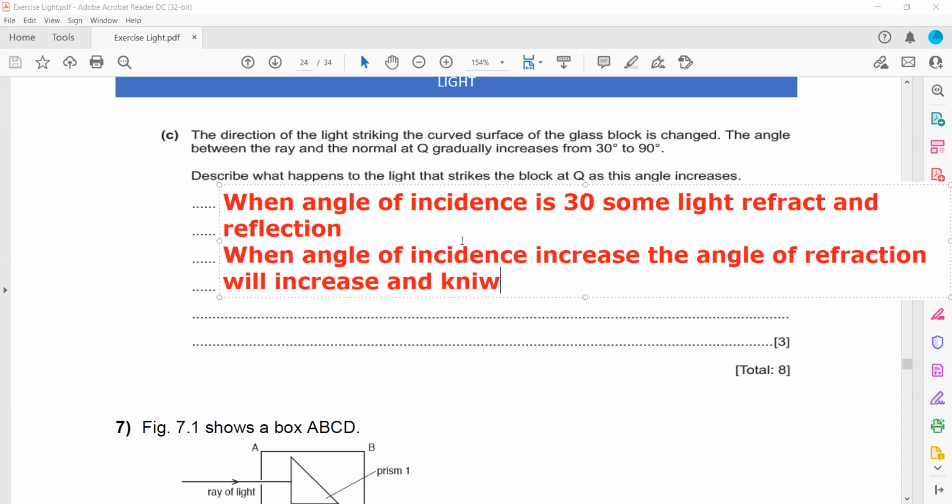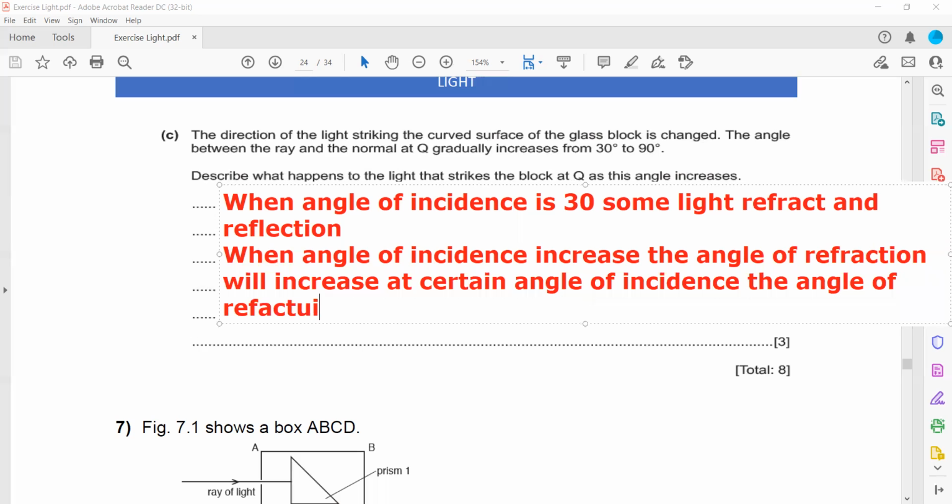At a certain angle of incidence, the angle of refraction will be 90.